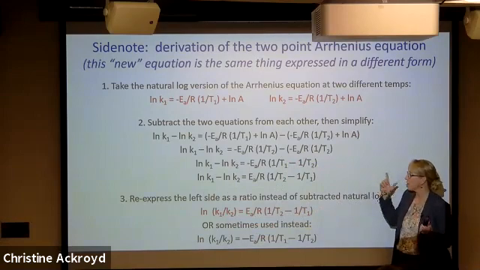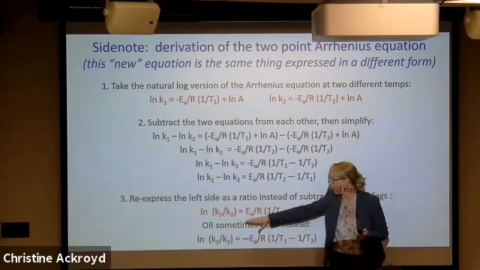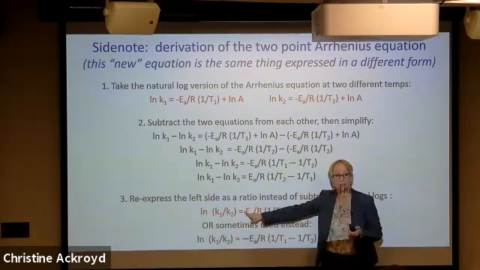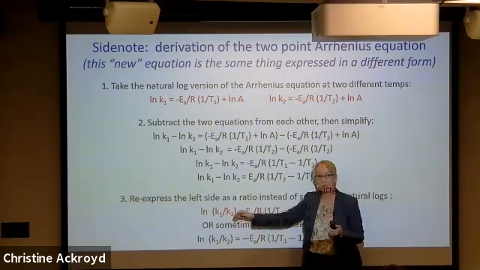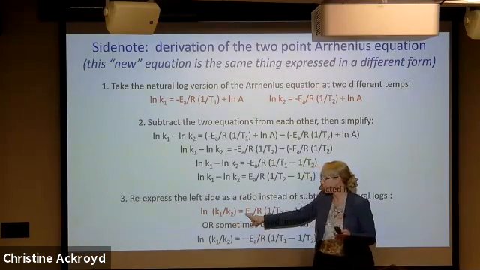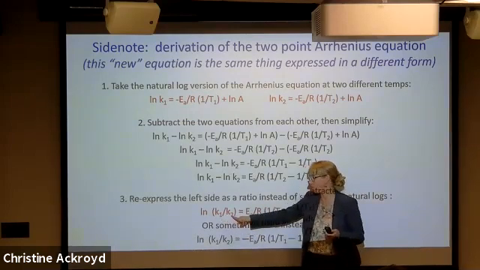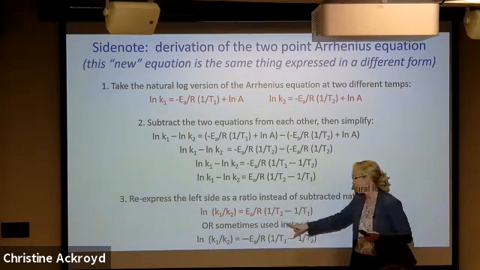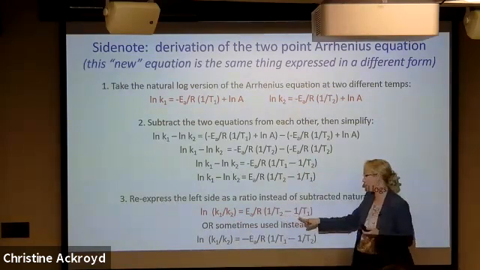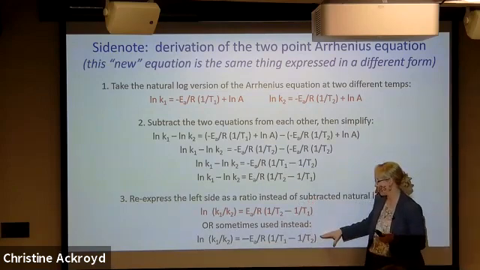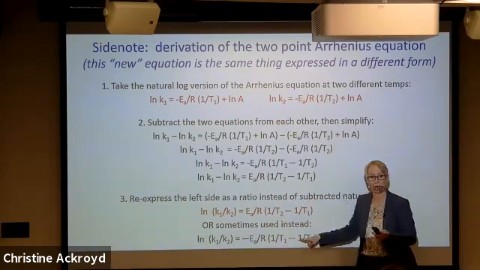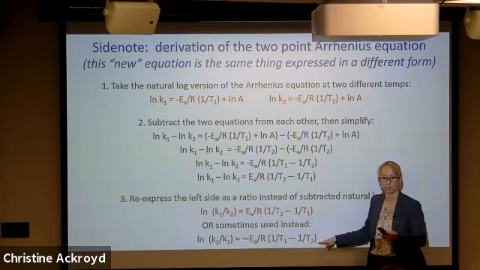Now, notice this form of the equation that has a positive sign in front of the energy of activation, whatever you define as 1 or 2, if there's a positive sign here, then 1 is in the numerator, 2 is in the denominator. 2 is subtracted from 1. If you add the negative sign, it's the same thing, except now it's 1 over T1 and 1 over T2.